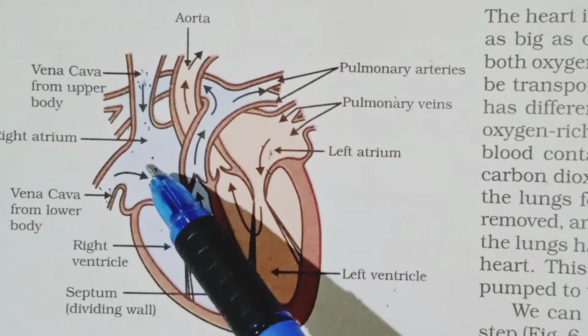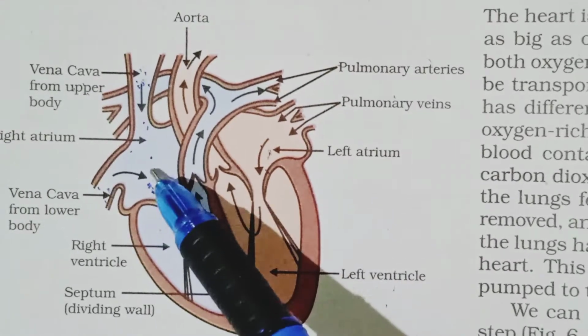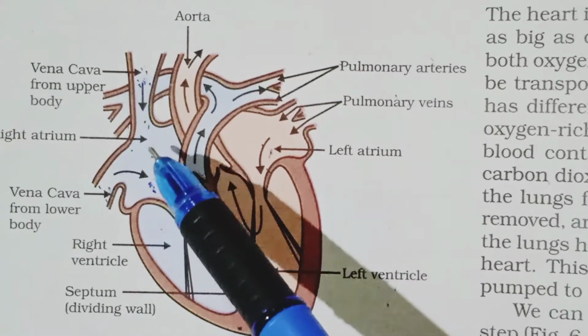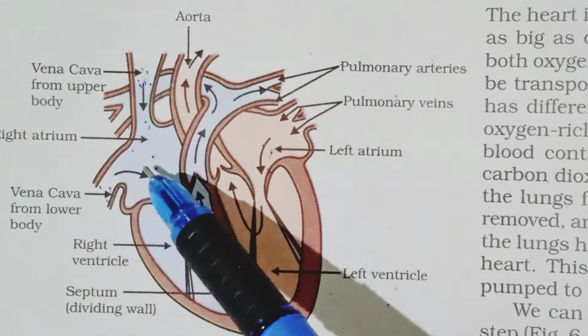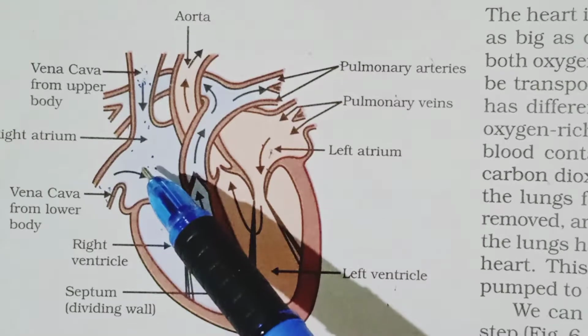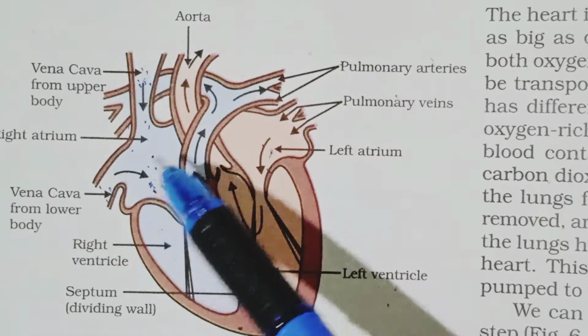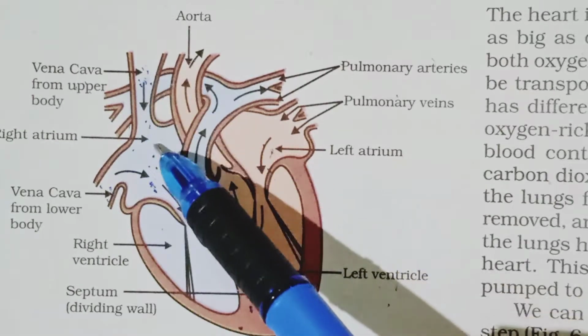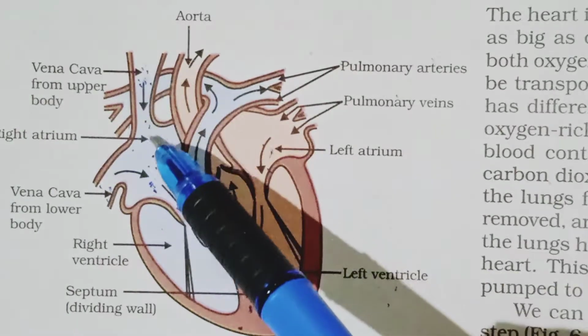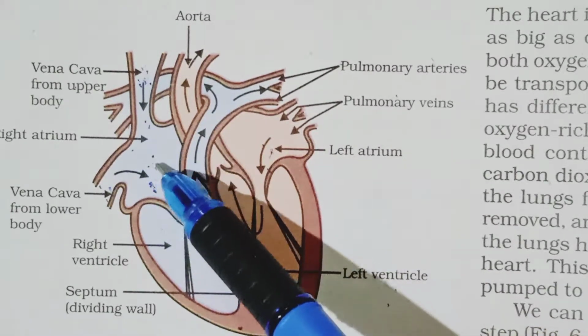So it is brought into the right auricle, and during this time the auricle will be relaxed. Why is it relaxed? So that it is ready to get the blood which is carried by the vena cava from all the parts of the body.